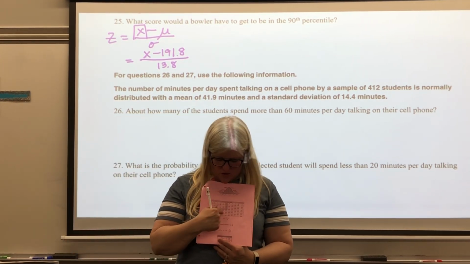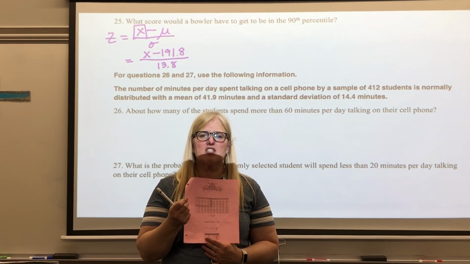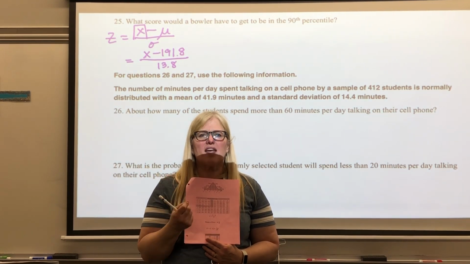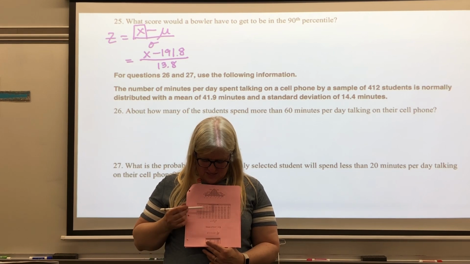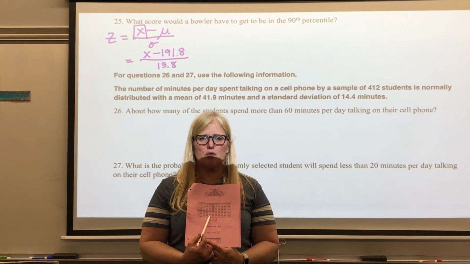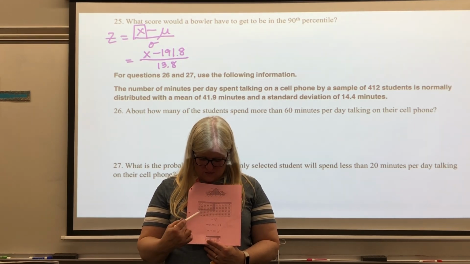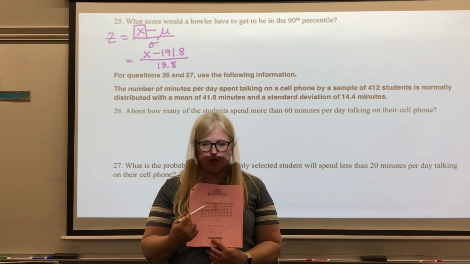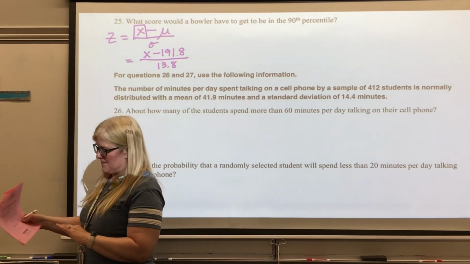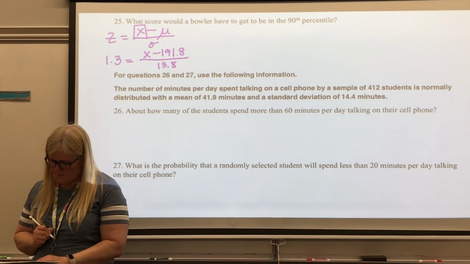So in the main part of the table, you need to find the percentage that is closest to 90%. In this case, it's right here. It's 0.9032. But now we look at the z-score that goes with it. We look at what it corresponds to, and it's 1.3. So that's what z is going to equal.